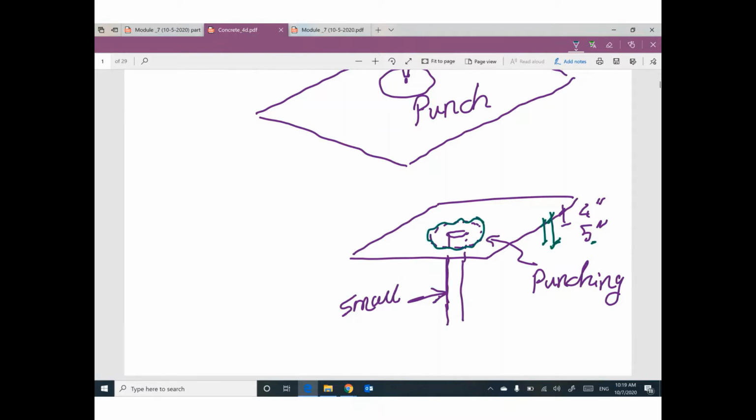Doesn't make sense. Or you can increase the cross section of the column to be bigger.